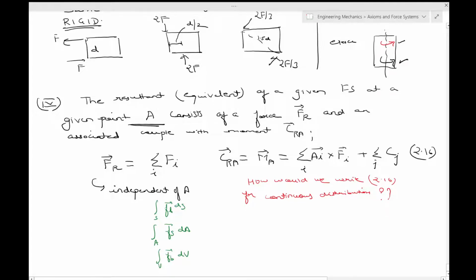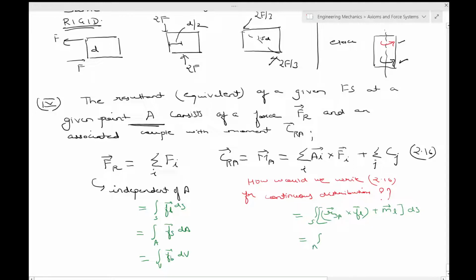Similarly, this will be the resultant force, and on this side, for the line distribution, one may have this cross FL plus ML, over this small distance ds along the trajectory.